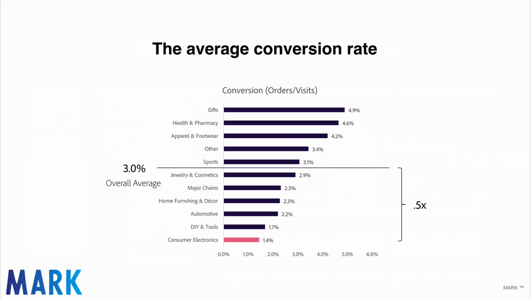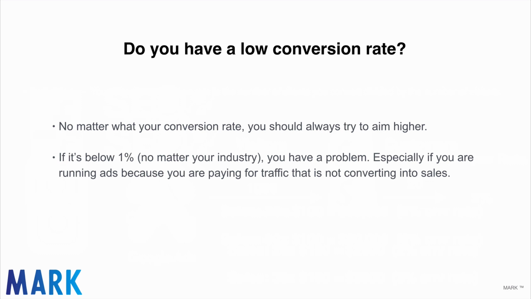And also it depends on the product price, right? If your product price is $10, people are buying impulsively, and then your conversion rate should be a little bit higher, right, than 3%. Always look at your industry for the benchmark, but keep in mind that the average across all industries will always be 3% for the moment, all right?